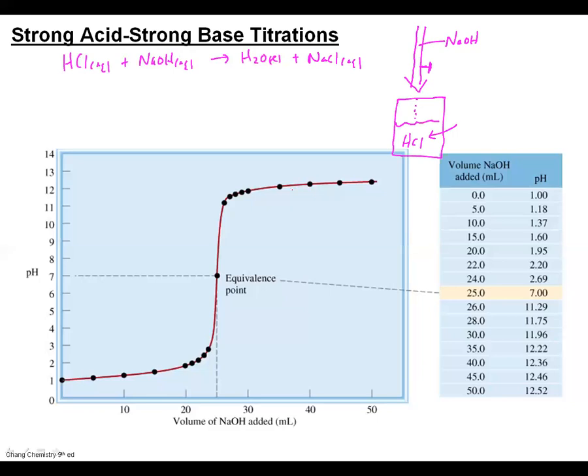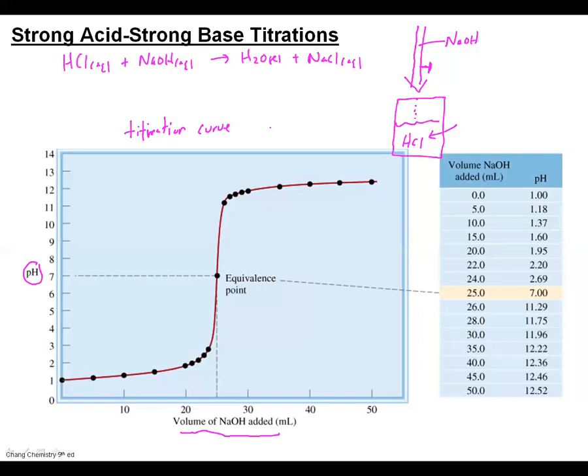What you see on the graph is what is known as a titration curve. On the left-hand side, or the Y, we have pH. On the X, we have the volume, in this case, of sodium hydroxide that we're adding. This curve here is a typical titration curve that you see.